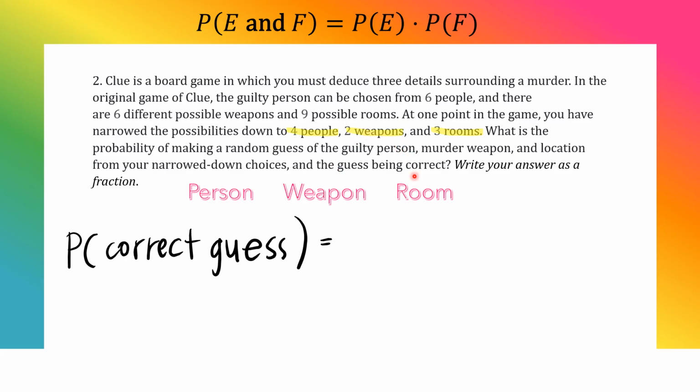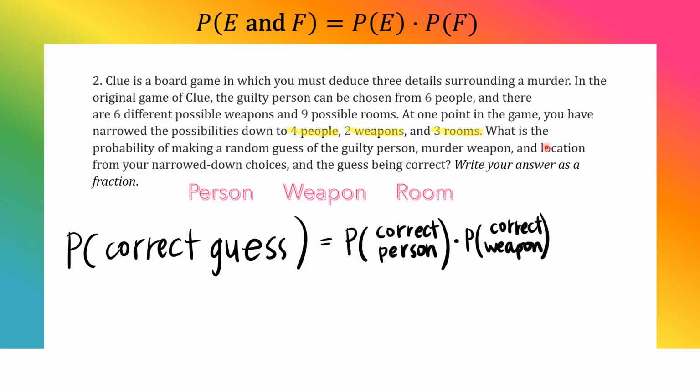You could rewrite this in the and format. I'm just writing it in the abbreviated way since I don't have much room. If we make the correct guess, that implies we've chosen the correct person, the correct weapon, and the correct room. So we can multiply each of those individual probabilities together.